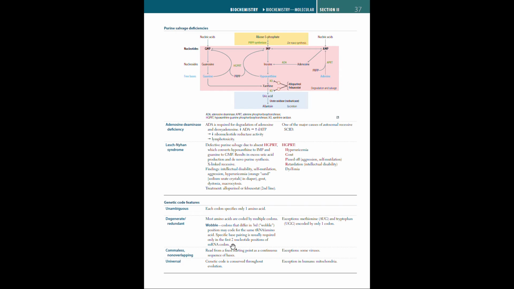Specific base pairing is usually required only in the first two nucleotide positions of the mRNA codon. Exceptions are methionine, which is the start codon AUG, and tryptophan, UGG, encoded by only one codon.